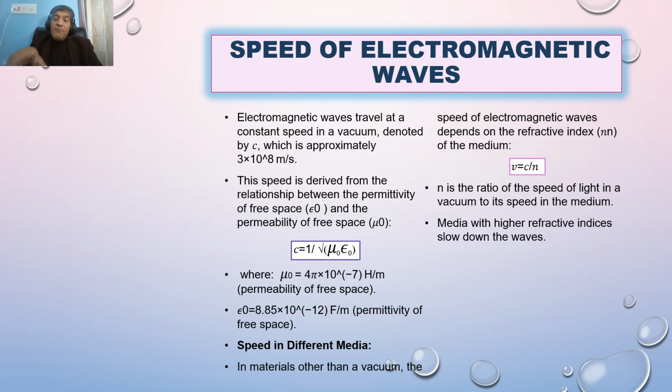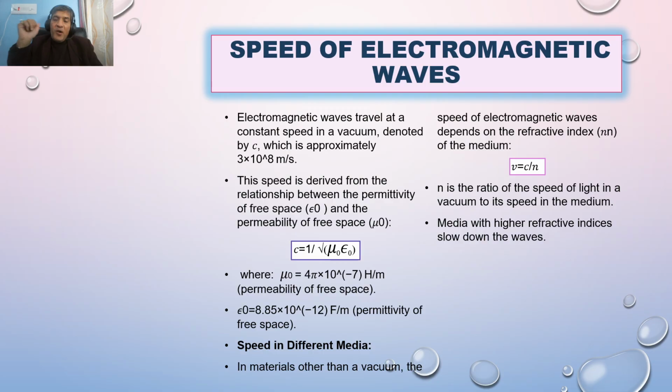This relation is very important regarding your competition examinations: the speed of electromagnetic wave in different media, and how we connect the speed of electromagnetic wave to the refractive index of the medium in which it propagates. By this relation, you may calculate the speed of electromagnetic wave in a particular medium.